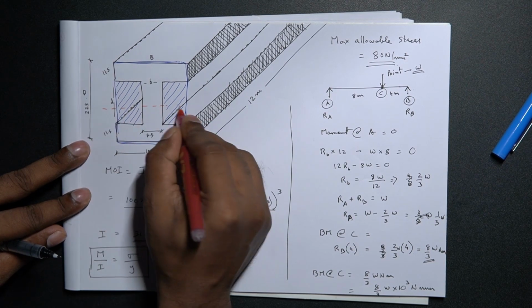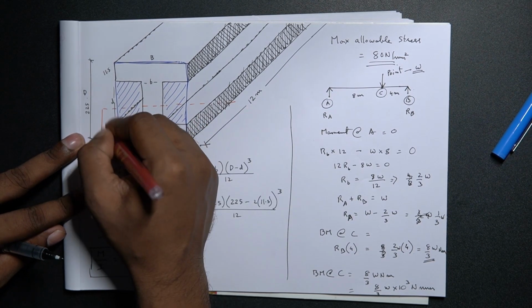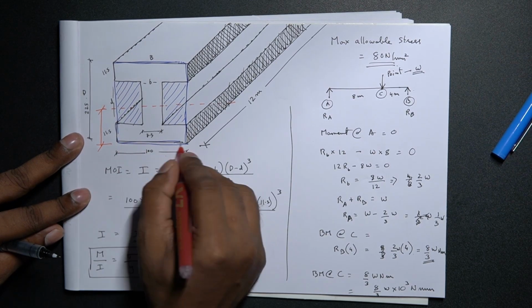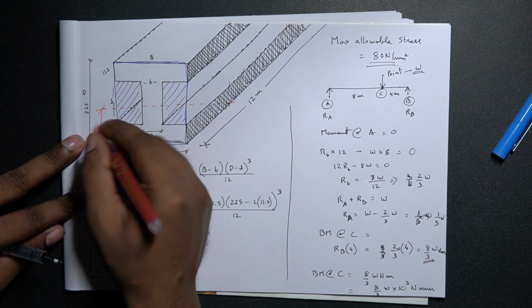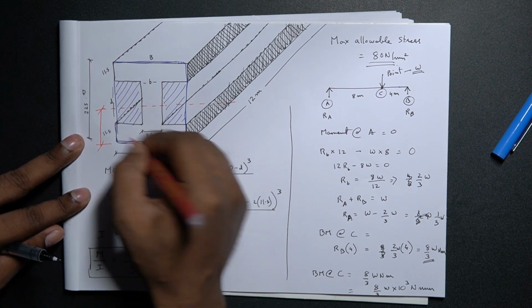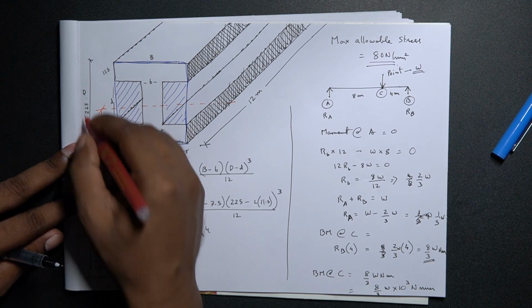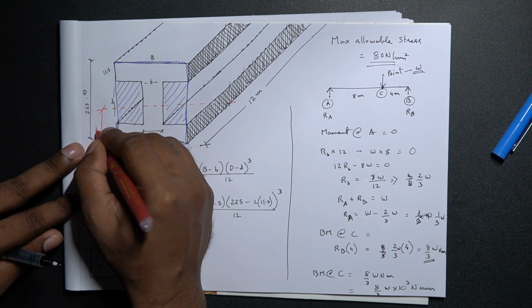I can just represent that with red here. If this is the neutral axis, the distance from the outermost beam fiber to the neutral axis is the distance. So basically this is y, the total distance divided by 2, so we will be having 225 divided by 2.